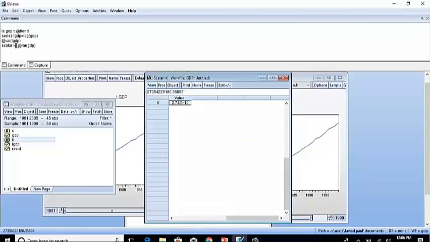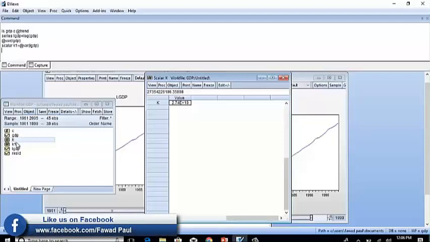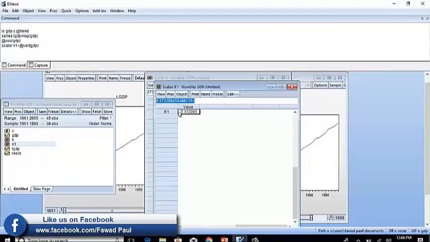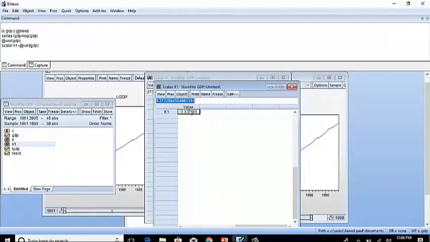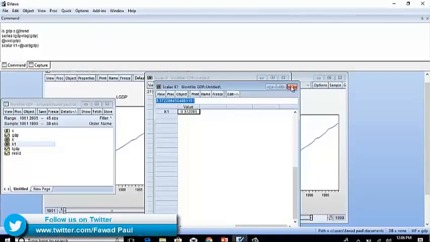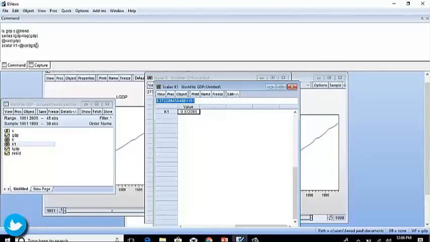In the same way, write another variable k1 and take the variance of log of GDP. Write them on one page and then compare which variance is lesser. It clearly indicates that the variance of the log of GDP is quite lesser.